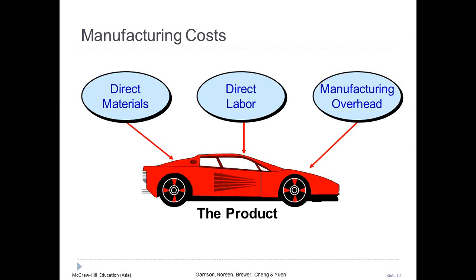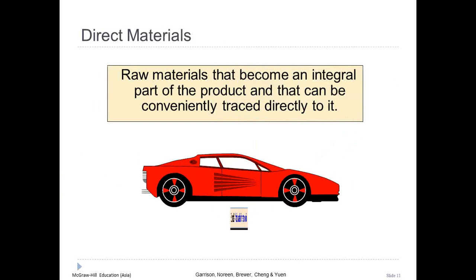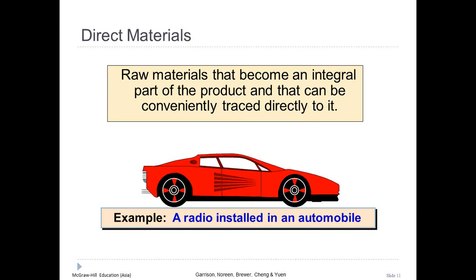These costs are incurred to make a product. Direct materials are raw materials that become an integral part of the finished product and whose costs can be conveniently traced to it. Examples include the aircraft engines on a Boeing 777, the Intel processing chip in a personal computer, the blank video cassette in a pre-recorded video, and a radio in an automobile.